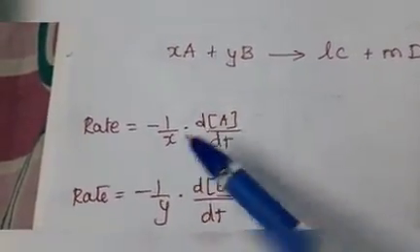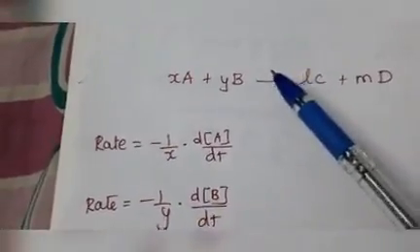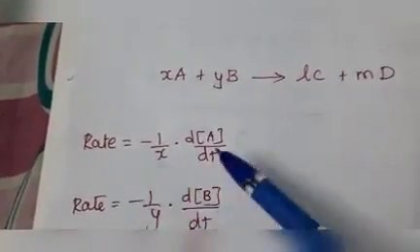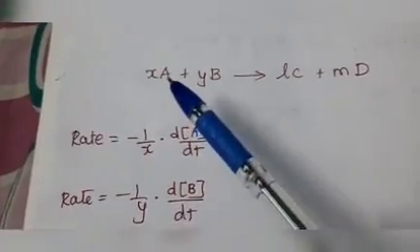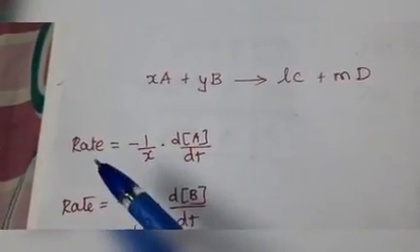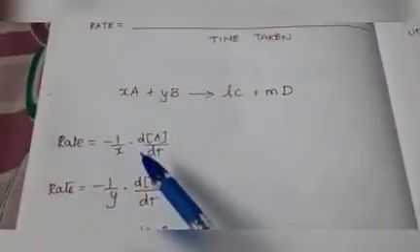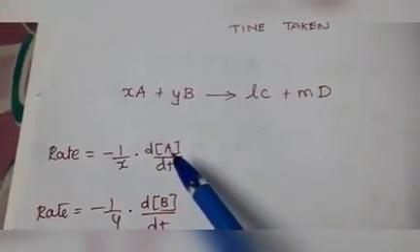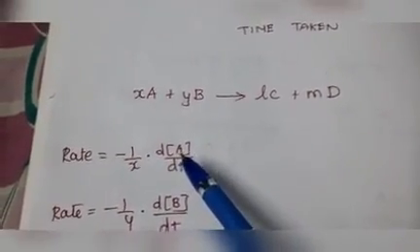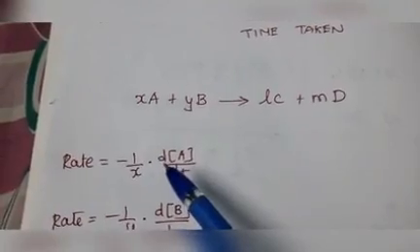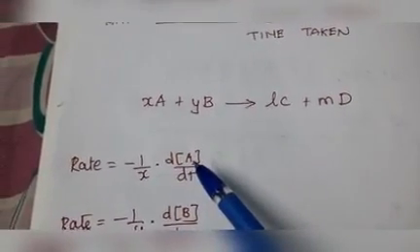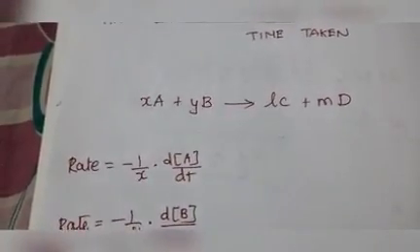So for this reaction we are going to write the rate of the reaction in terms of A. Already you know the formula for rate: change in concentration of the reactant or product. Here we write in terms of reactant A only. Change means difference, change in concentration of the reactant divided by time taken.